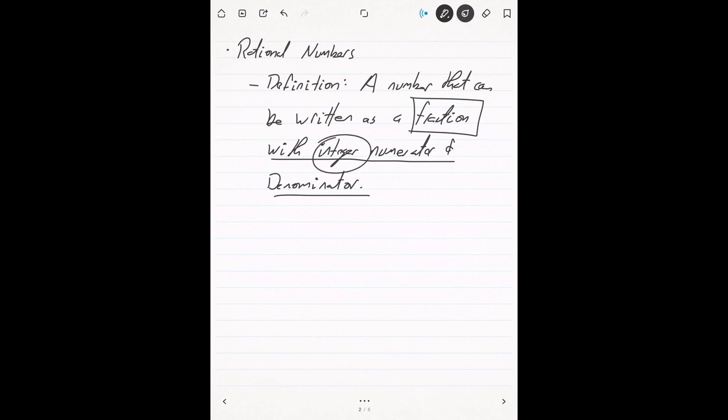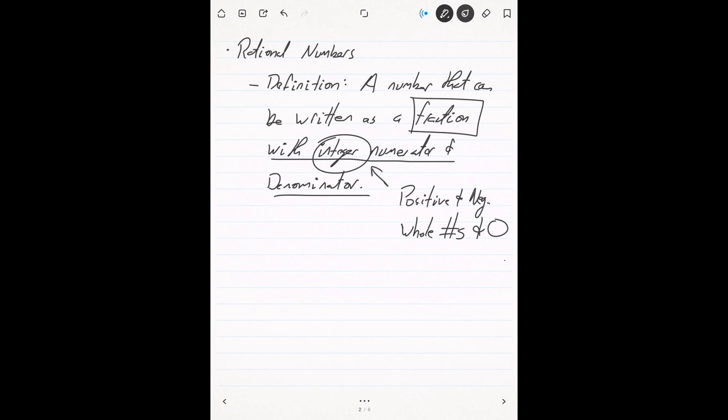Well, an integer, those are positive and negative whole numbers and 0.